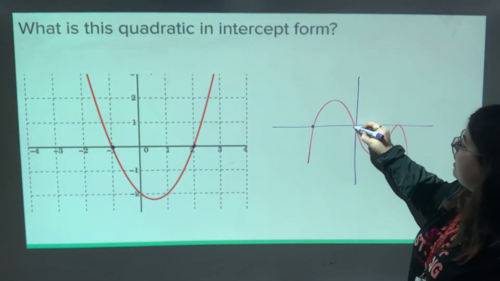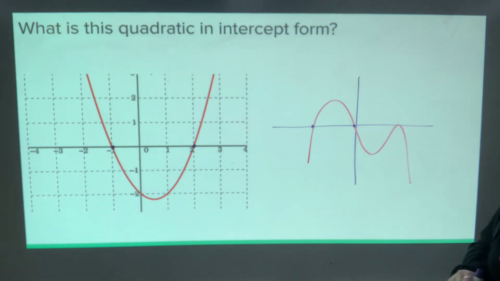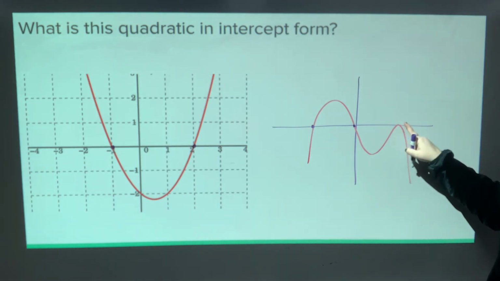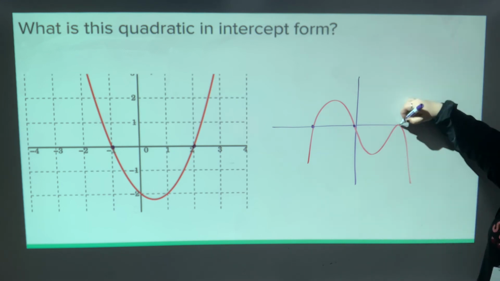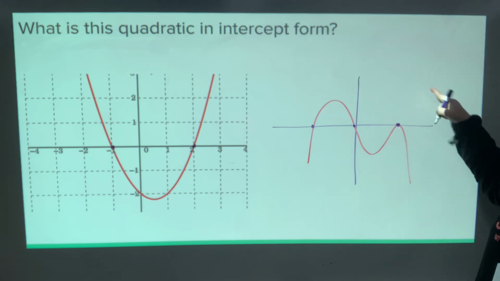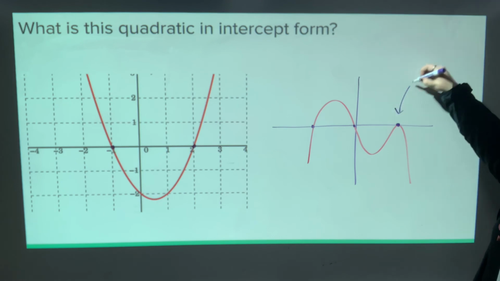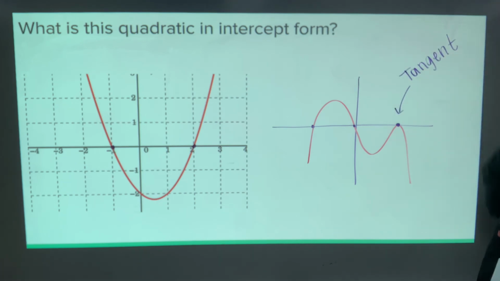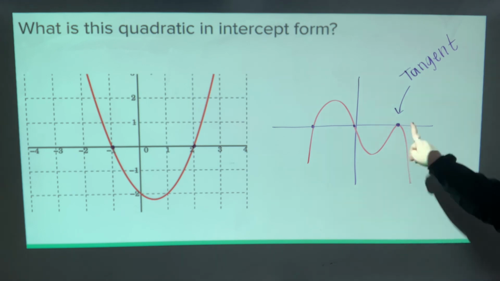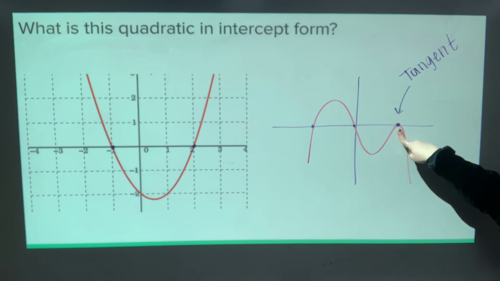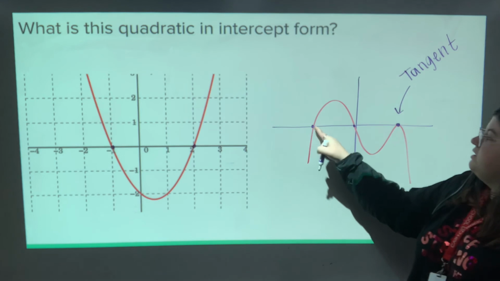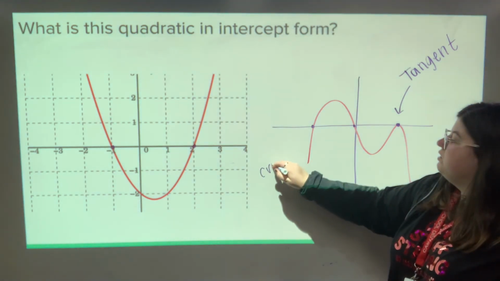We have another crossing x-intercept here, but check this one out. It doesn't cross, it just touches the x-axis and then it goes away. So since it technically doesn't cross over, this one is called tangent. Possibly a word that you remember from geometry last year. So that right there is what we call a tangent x-intercept. These here are just called crossing.